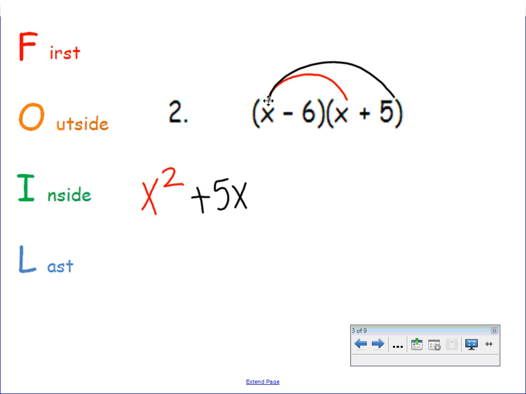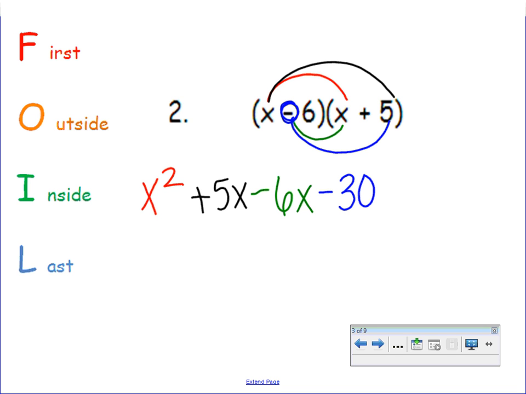Now I'm on to my I, which is the inside terms. I multiply the negative 6 times the x to get negative 6x. And then our last step is to multiply the last terms together. That's the negative 6 and the 5, which gives me negative 30. Notice how I included that subtraction sign as a negative 6. You cannot forget about that part.